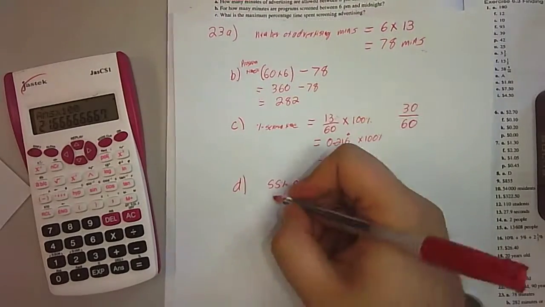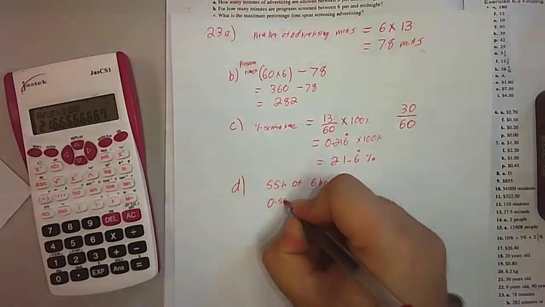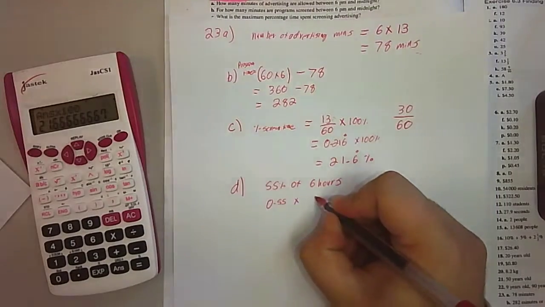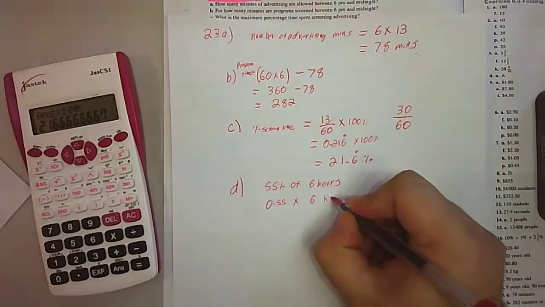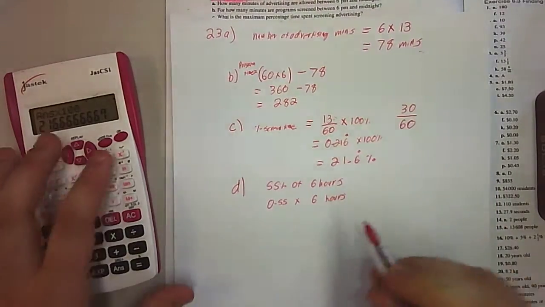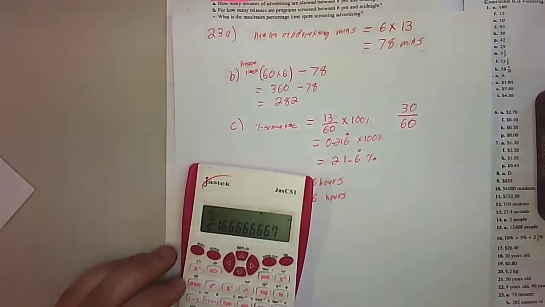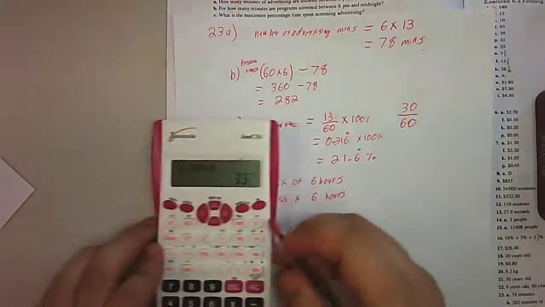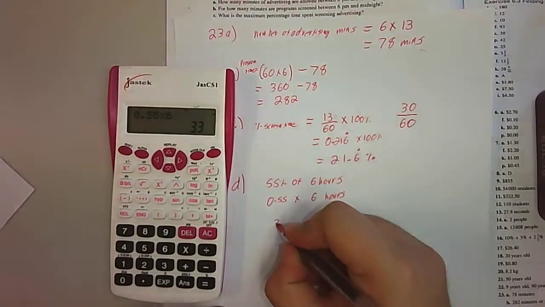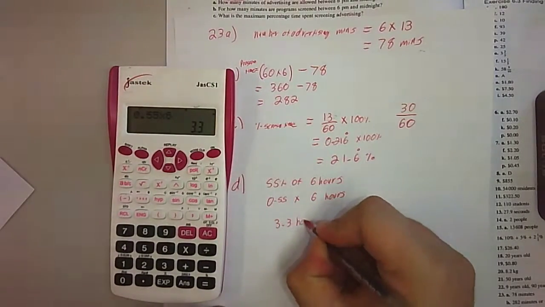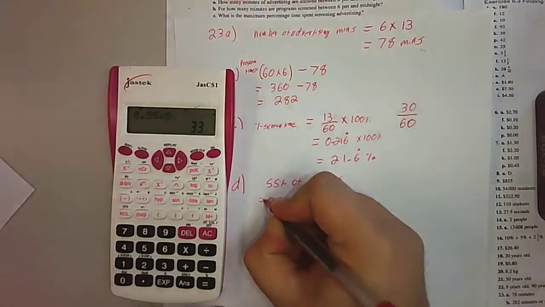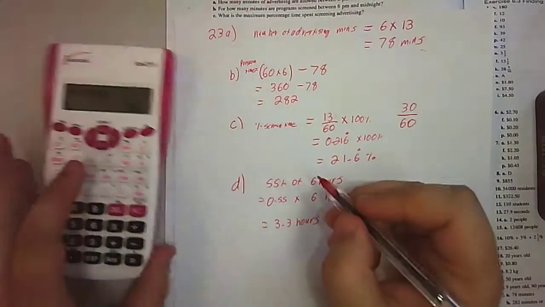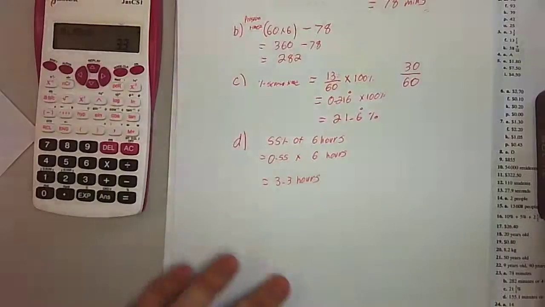Changing that into math speak, that's 0.55 times by 6 hours. 0.55 times 6, you get 3.3. So that becomes 3.3 hours. That's part D for you.